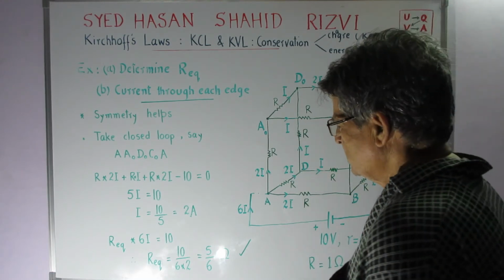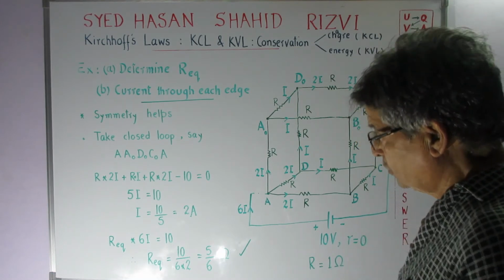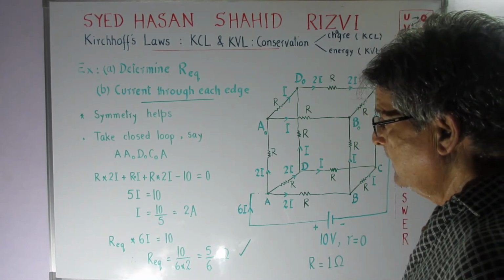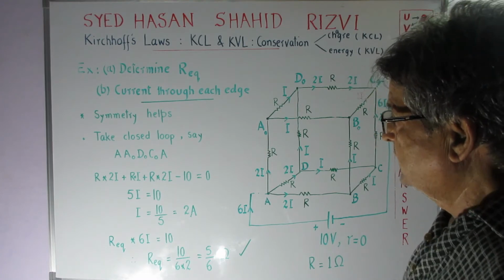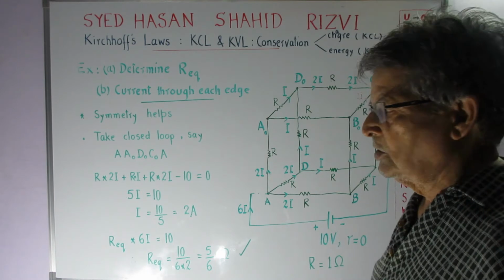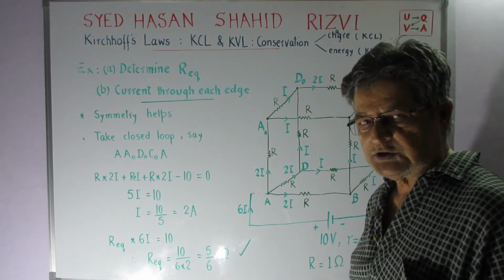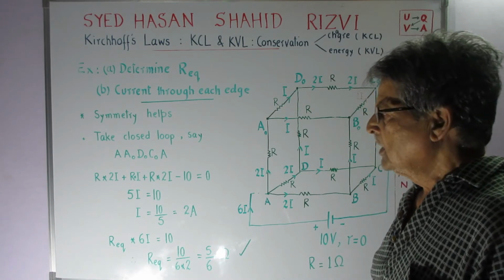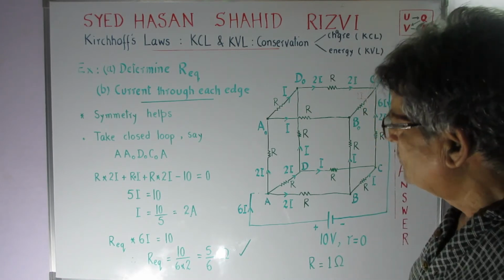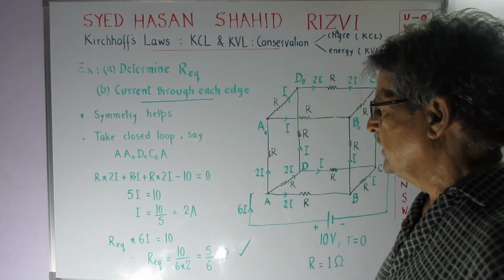We can calculate the currents through each edge. Some people say current across each edge. No. It's voltage across each edge that we can talk about, but the current is always through a resistance. So we must talk about through each edge.